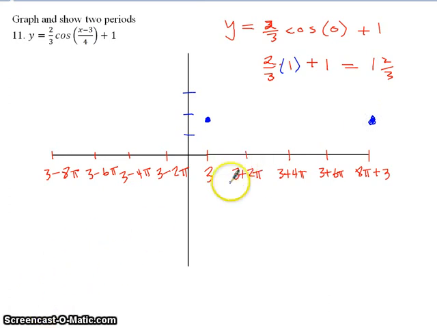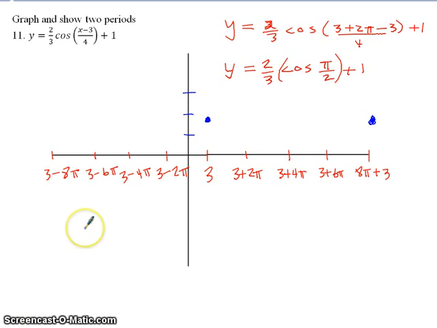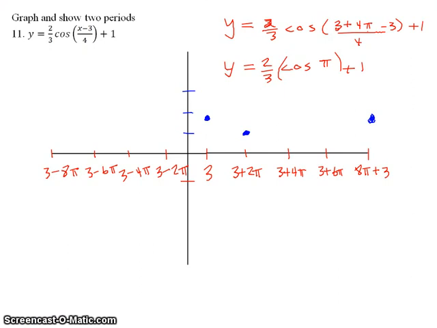Okay, starting with 3 plus, plugging in the next one, that takes us to the cosine of pi over 2, and the cosine of pi over 2 is equal to 0, times 2/3 is 0, plus 1. That gives us a plus 1. So I'm going to put a plus 1 right there. Let's plug in the next value. Here we end up with the cosine of pi, and the cosine of pi is equal to -1.